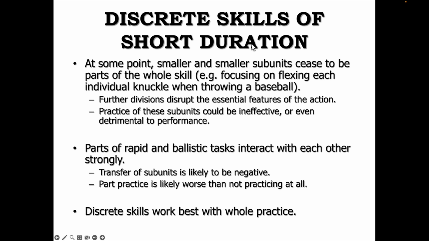What we notice with discrete skills is that as we break a skill down more and more, it starts to break up the whole skill into parts that are not exactly beneficial for a particular performance. So for example, if I'm focused on throwing a baseball, we could break down that skill to the very minute part of how our individual knuckles flex when we throw that baseball.